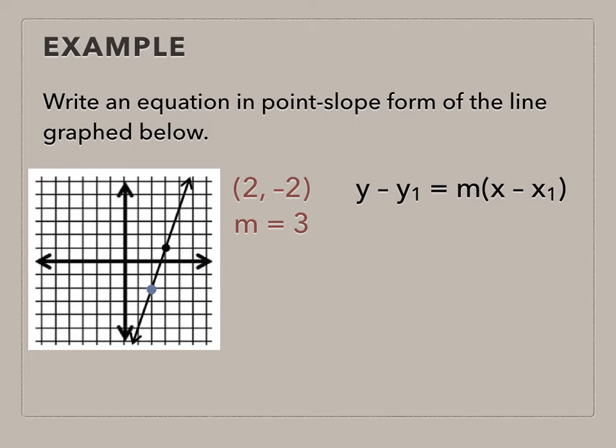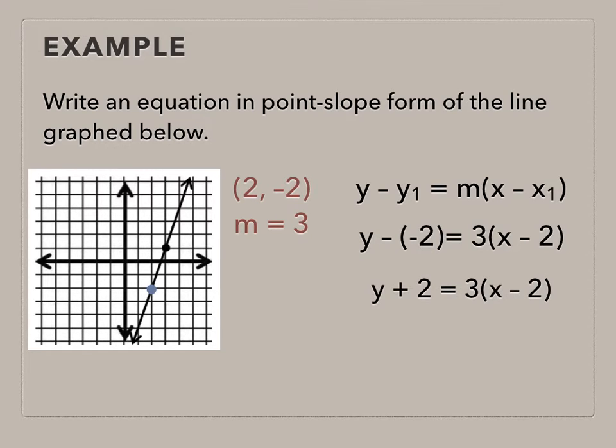We're going to substitute in our y sub 1 and our x sub 1. And we're just going to rewrite it so it's y plus 2 equals 3 times x minus 2. So there is the answer to this problem. That's the equation in point-slope form.